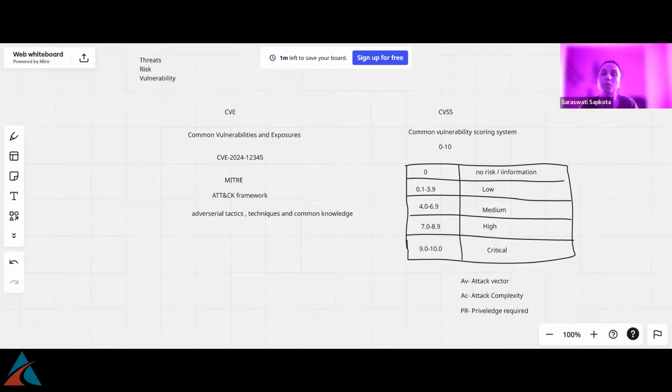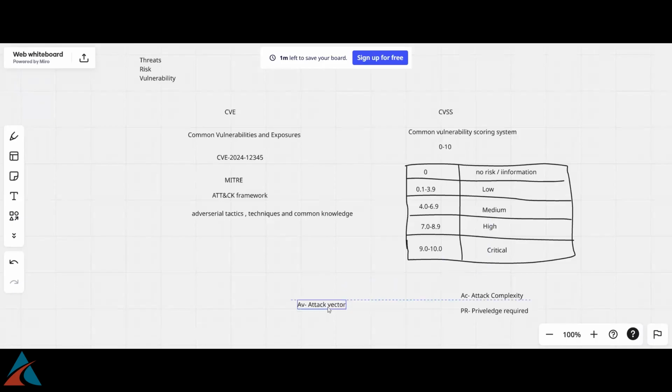Can you repeat the attack vector once? Attack vector, this one. Where that attack can exploit.